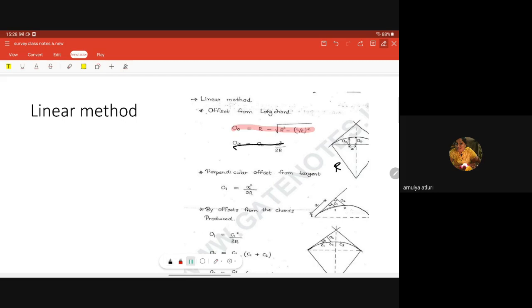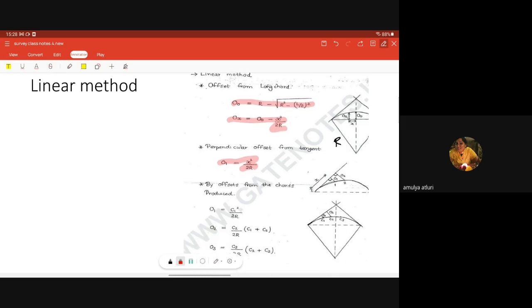O_0 is the distance from the center point to the point on the curve, and O_X is the distance at X on the curve. Next, perpendicular offset from tangent at a distance of X.